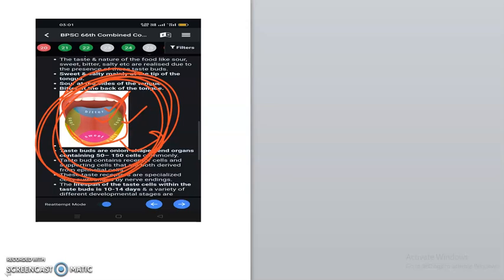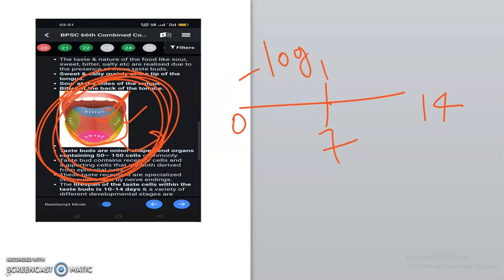One important thing: pH value. There is a pH scale, which ranges from 0 to 14, and 7, its midpoint, has neither acidic nor basic nature; it's neutral. How is pH value formed? The formula is minus log base 10 of H plus.